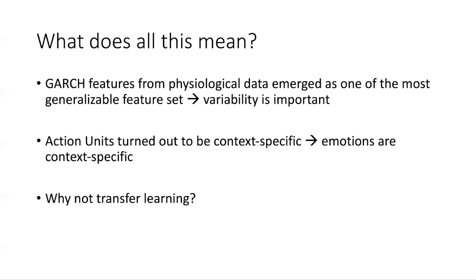As I said before, this is not transfer learning, because the idea of transfer learning is to transfer the whole model from one context to another, and still the contexts have to be similar to each other. In our case, the data sets don't have to be from similar contexts, and we are transferring only the features, actually the names of the features, and how to compute them.